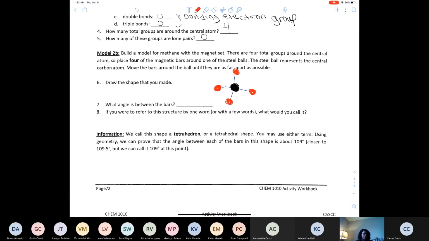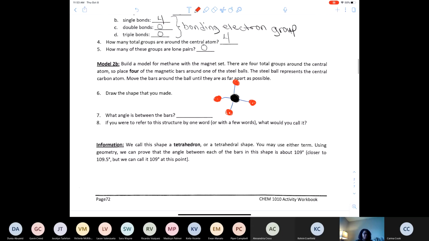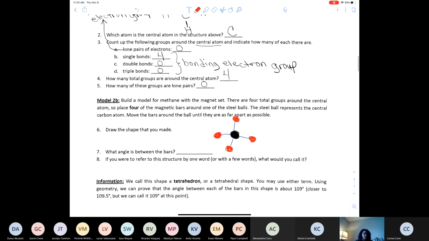So now to answer question 7, we know that we've got 4 total groups around the central atom, which is carbon. And these are all bonding groups.